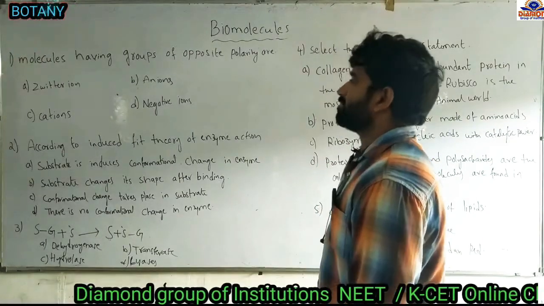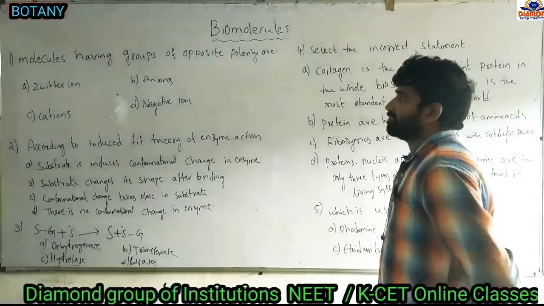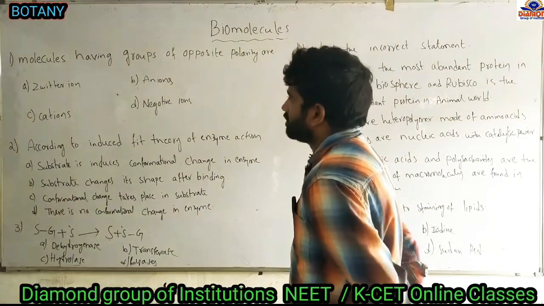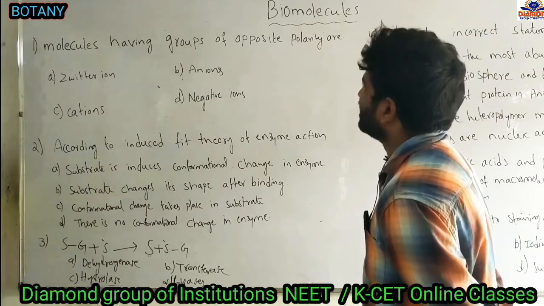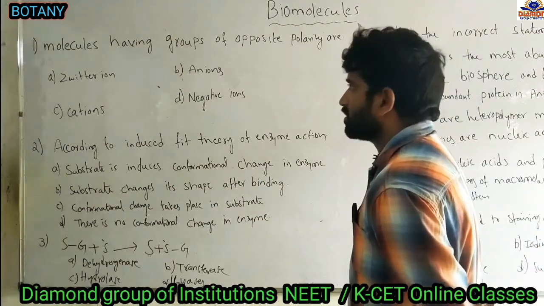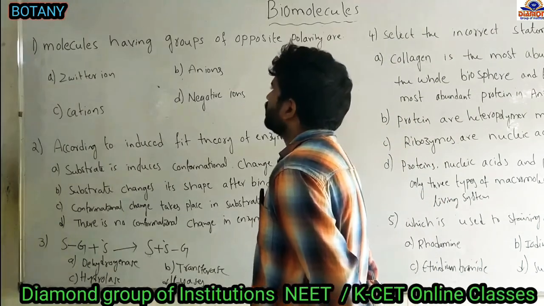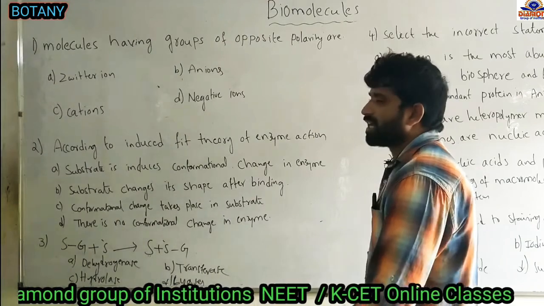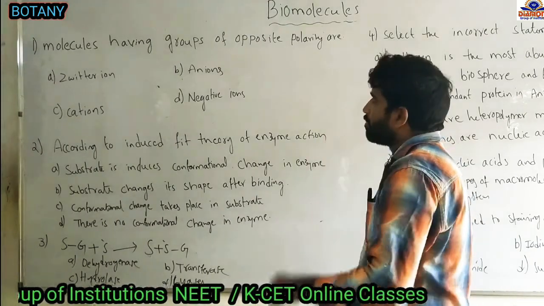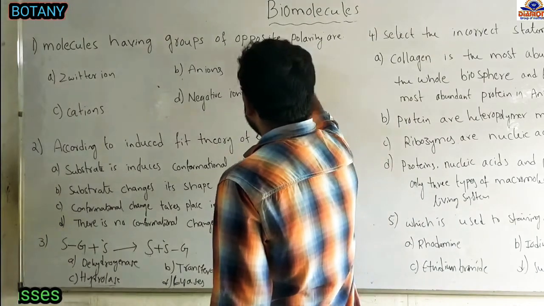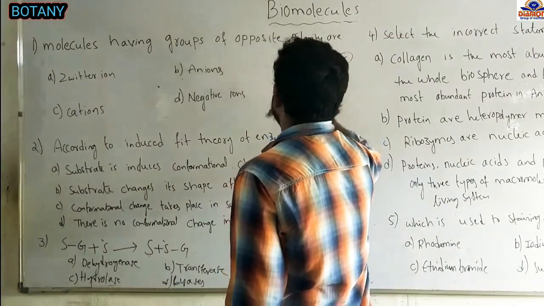So some of the important and model questions of biomolecules. First one: molecules having groups of opposite polarity. Here they're asking which molecules contain opposite polarity, that is, positive charge and negative charge.